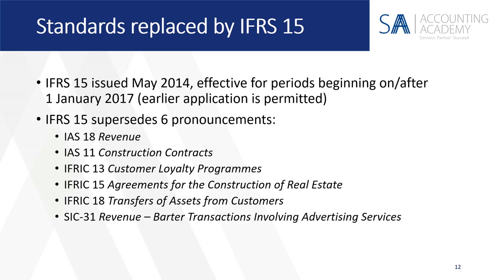6 pronouncements have been superseded, and that was the old IAS 18 on revenue, IAS 11 on construction contracts, then the interpretations document number 13, customer loyalty programs, IFRIC 15, agreements for the construction of real estate, IFRIC 18, transfers of assets from customers, and then the SIC 31, which is also an interpretation, but the previous name of the interpretation document, SIC 31, revenue coming from barter transactions involving advertising services.